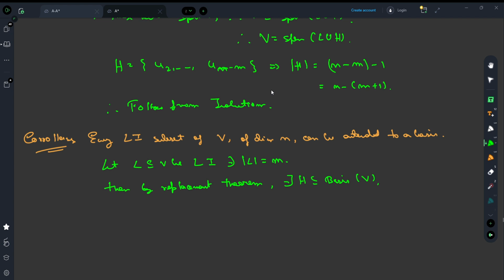In this case, we are talking about a finite dimensional vector space V. Hence, we can talk about the generating set being a basis. Hence, we are considering H out of the basis of V.